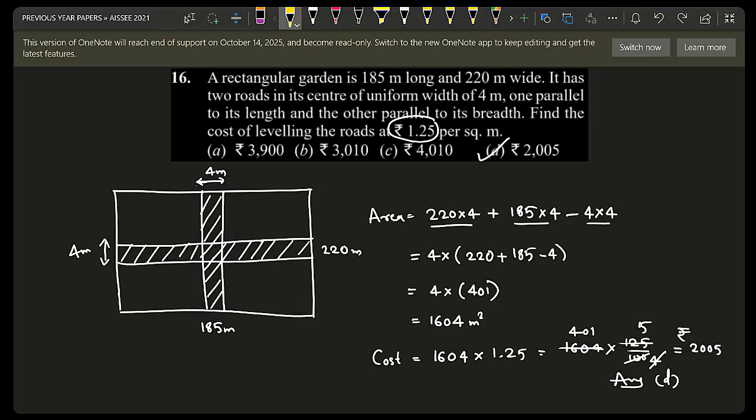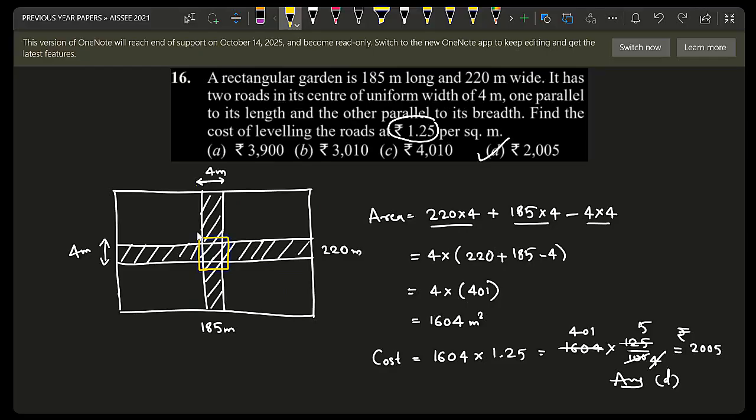Yes, sir. Because this is 220, this is also 220. So 220 into 4. What is the area of this rectangle? 185 into 4, length into breadth. And this needs to be subtracted. Why does this need to be subtracted, Karthik?